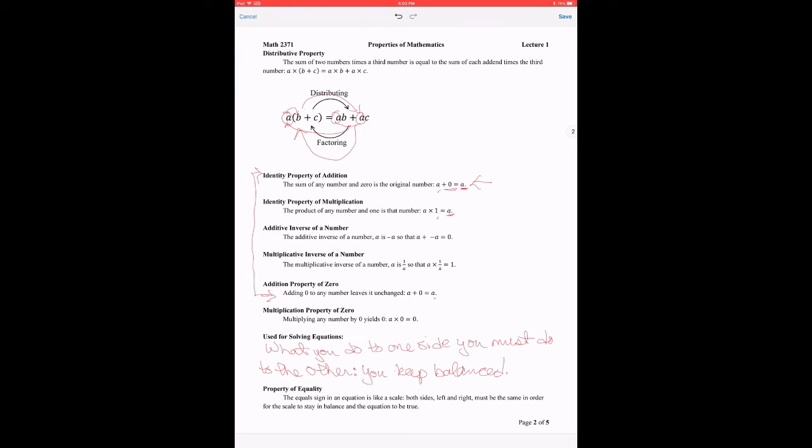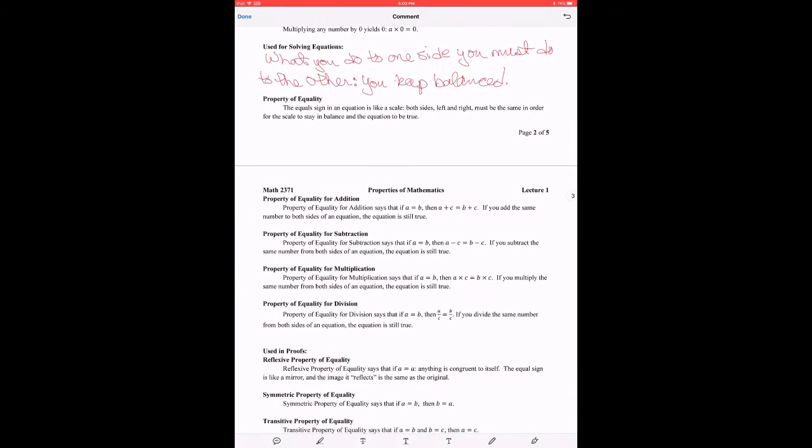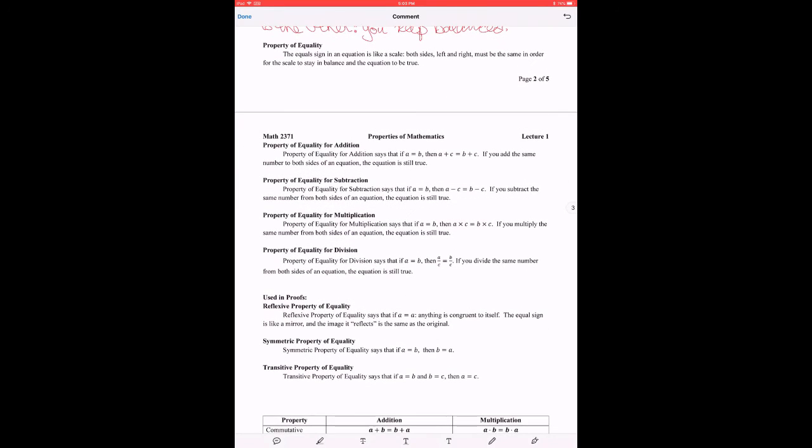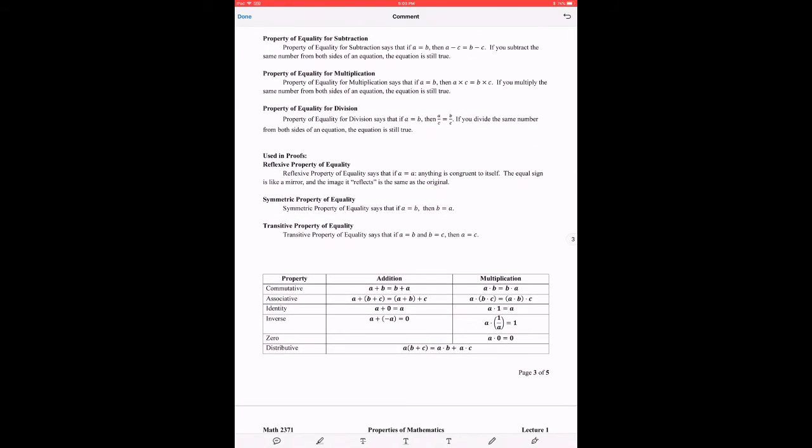Okay? And that's the big thing about equality. You have the addition property, the subtraction property, the multiplication property, and the division property.